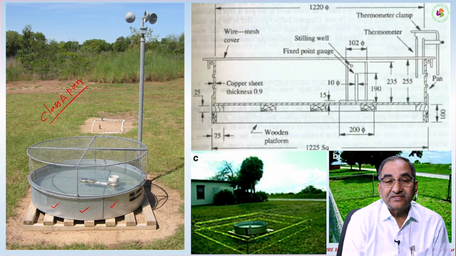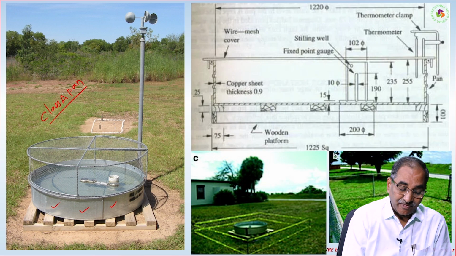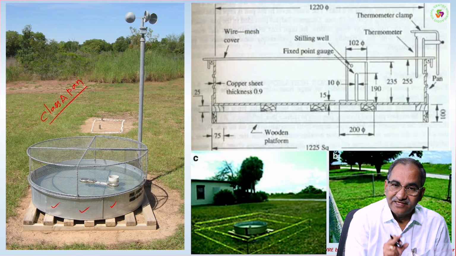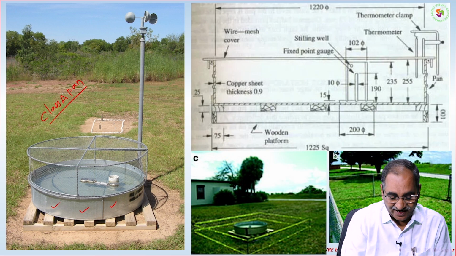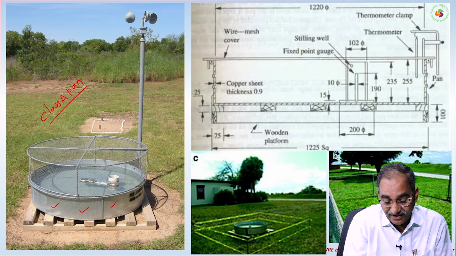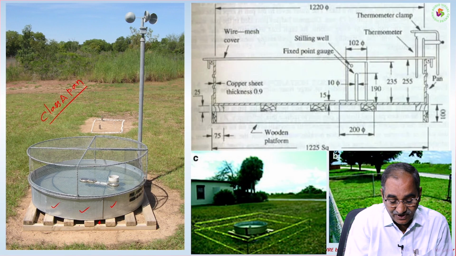If this is replaced by copper sheet, then we call it the IS standard pan. Now you see it is a wooden platform actually, and on that if you see, air can flow freely below it also.